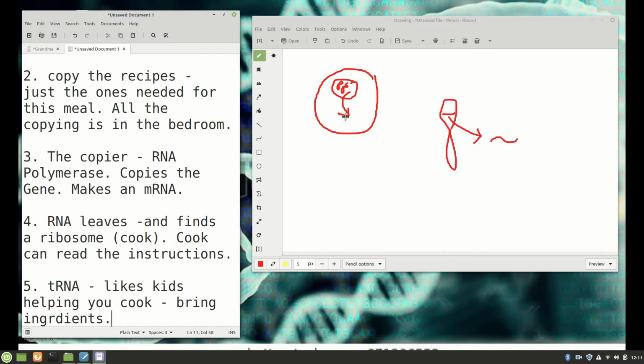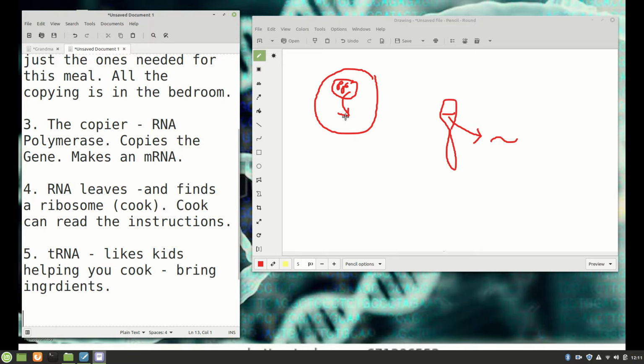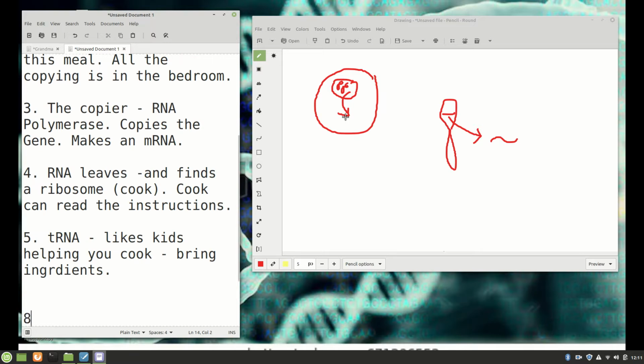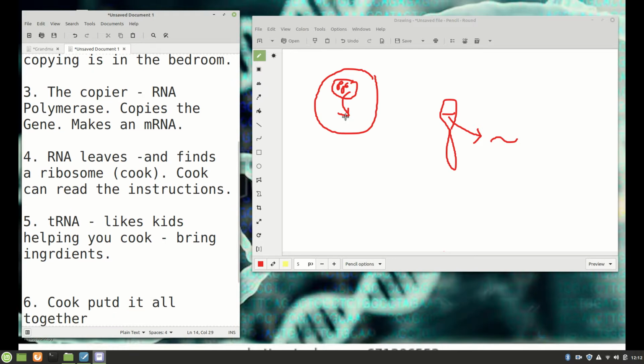When they bring you the ingredients, you mix them. The ribosome puts everything together. The cook, or the ribosome, not only reads the instructions, but puts it all together. It mixes it up.